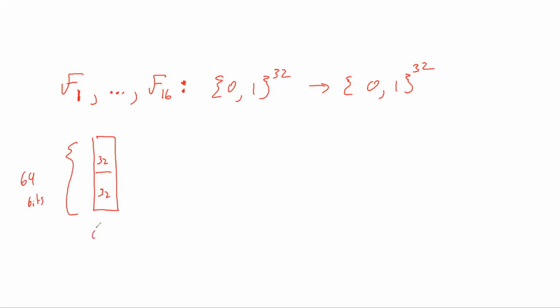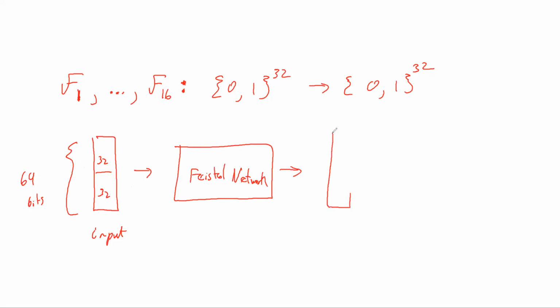This will be the input, and this will go into some kind of Feistel network. Then out will come, again, the same size, 32, 32, 64 bits, and that's going to be the output. Okay, so that's really the idea there.